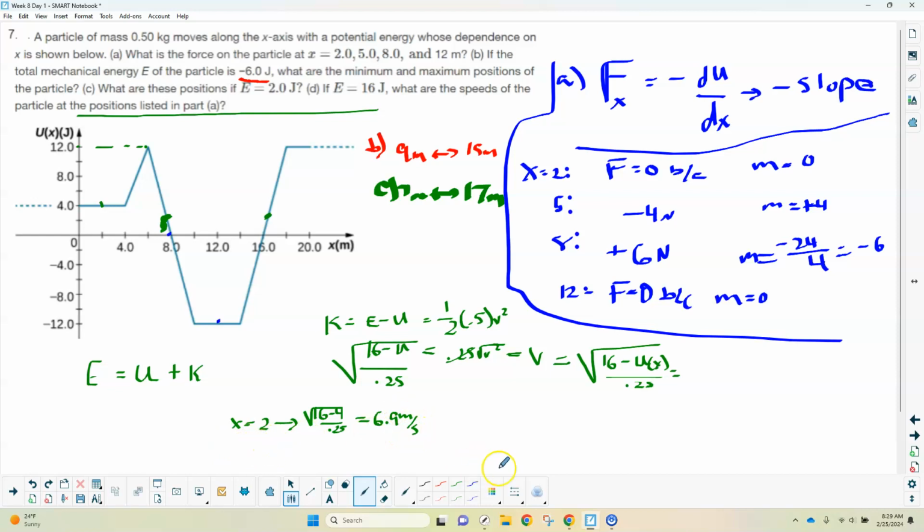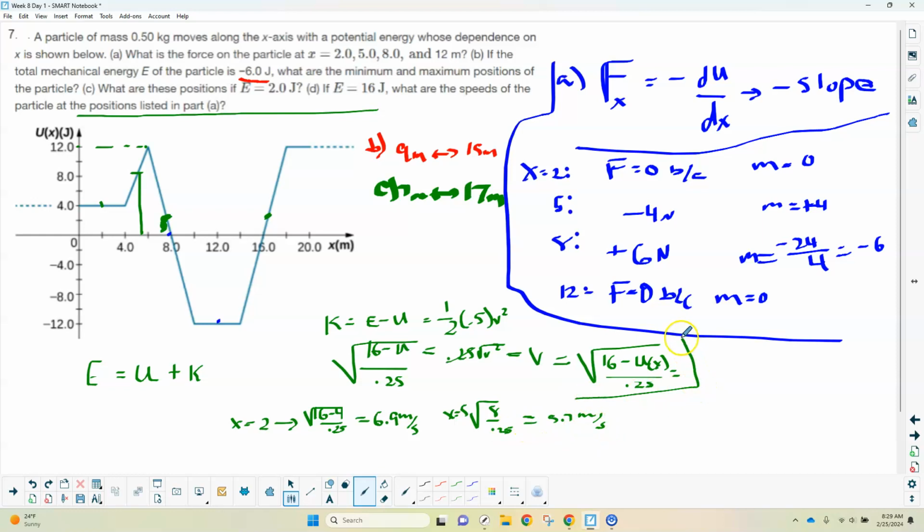That's x equal to 2. For x equal to 5, the potential energy I had was pretty close to 8. So it'd be 16 minus 8, which is 8, so the square root of 8 over 0.25. That's at x equal to 5. When I got that answer for v, I got 5.7 meters per second. Hopefully this is making sense.